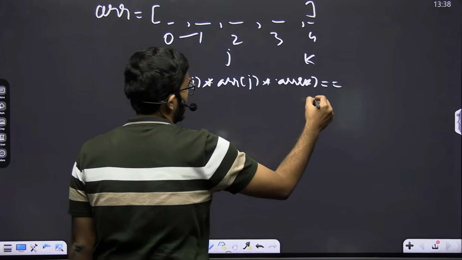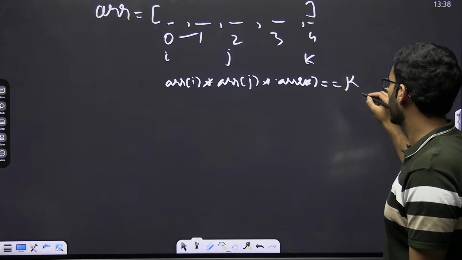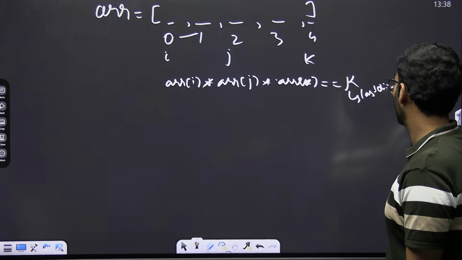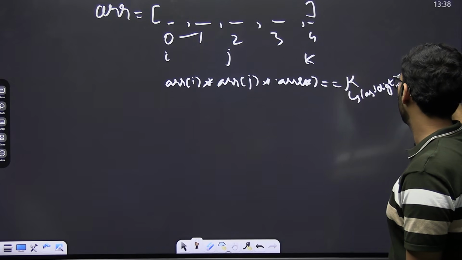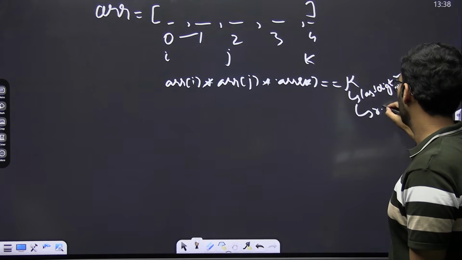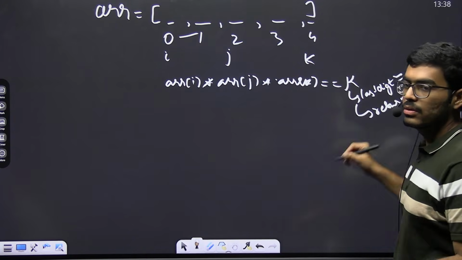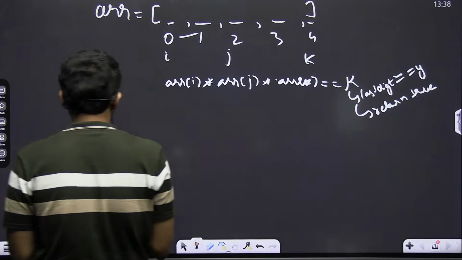And check whether, let's say, this product comes out to be k. So the last digit of this k must be equal to y in order to return true. So this is again a simplified explanation of the problem statement.